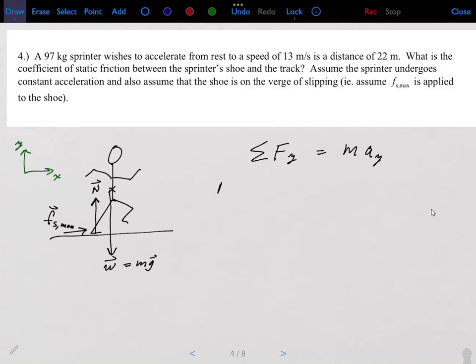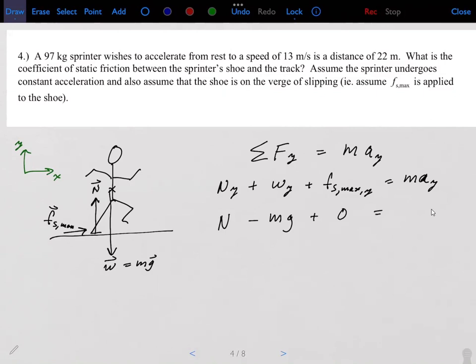I want the y component of the normal force plus the y component of the weight plus the y component of Fs max, and that's got to equal m a_y. The y component of the normal force is all of the normal force, in the positive y direction. The y component of the weight will be all the weight but negative. The y component of the max static frictional force is 0, right? That's all in the positive x direction.